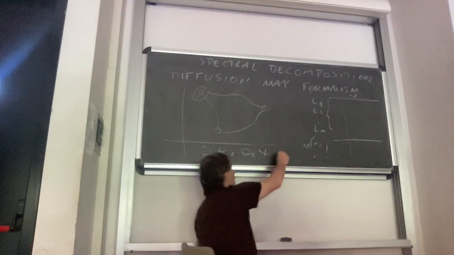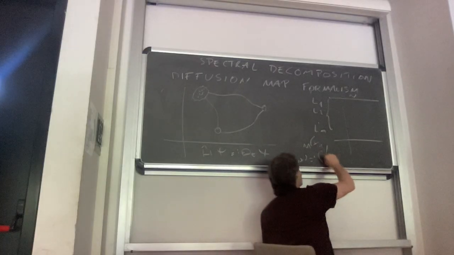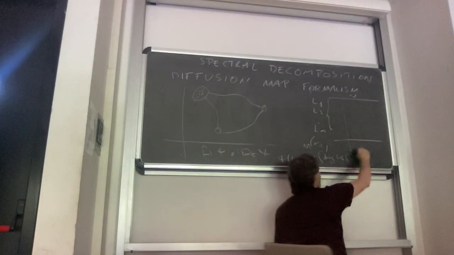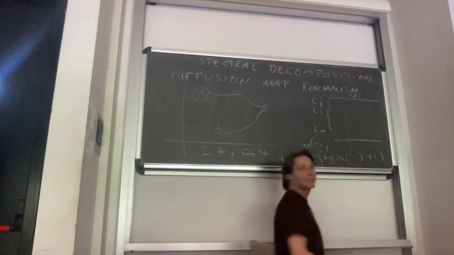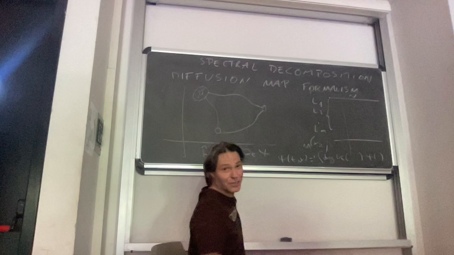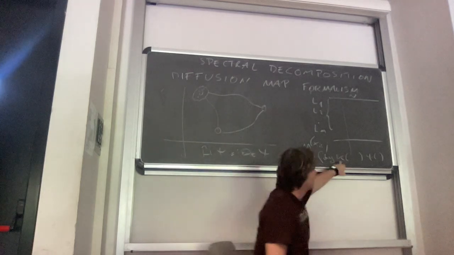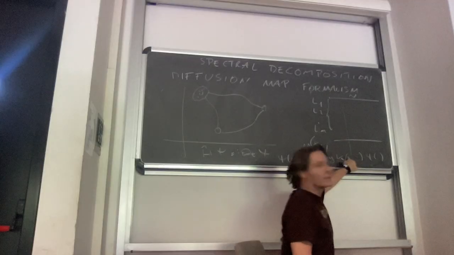Or you can write it as psi at time t, x, equals the propagator acting on psi. It's the same equation; this is the solution of it, but it's the same physics. But now this propagator is non-local, it has 2 points.